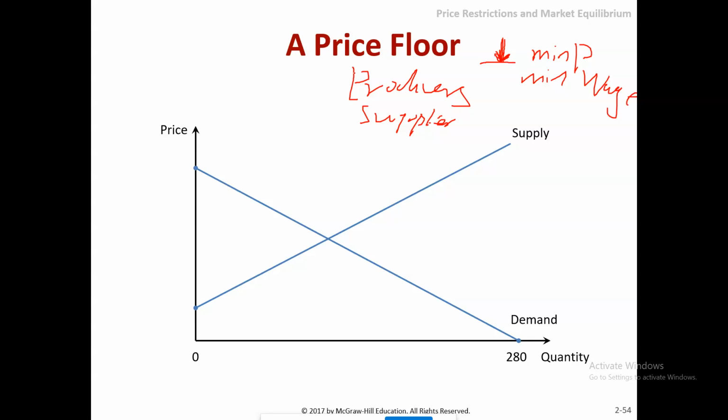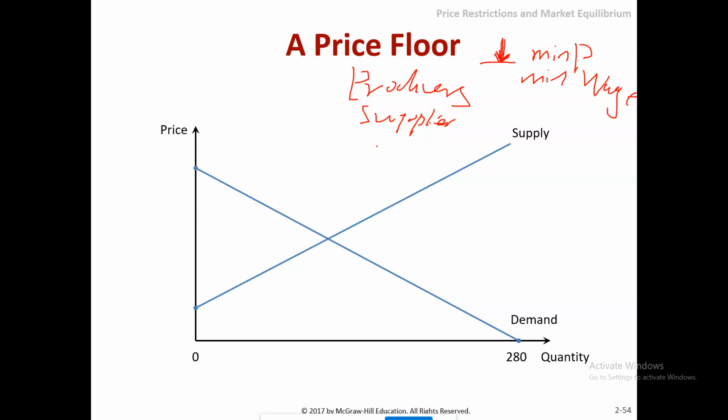Government needs to support the agriculture sector, so they set a price floor for agricultural products. So you cannot go anywhere below that. We don't see a huge fluctuation of agricultural product prices. So for example, the tomato price never goes down to a certain level, even though it is tomato season.